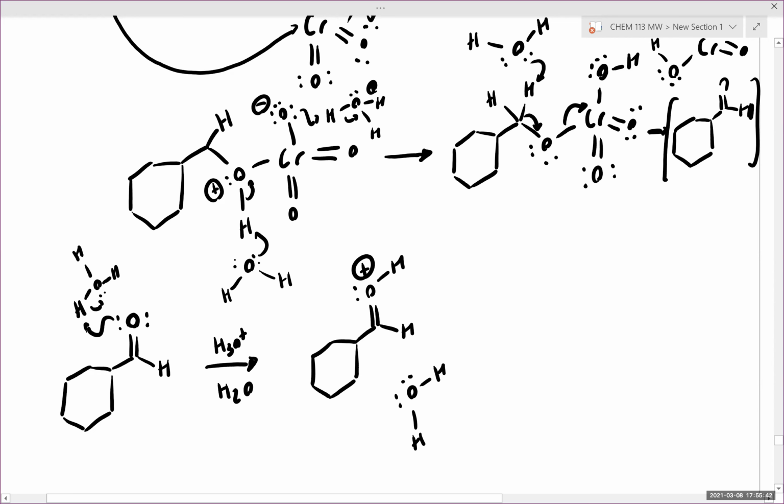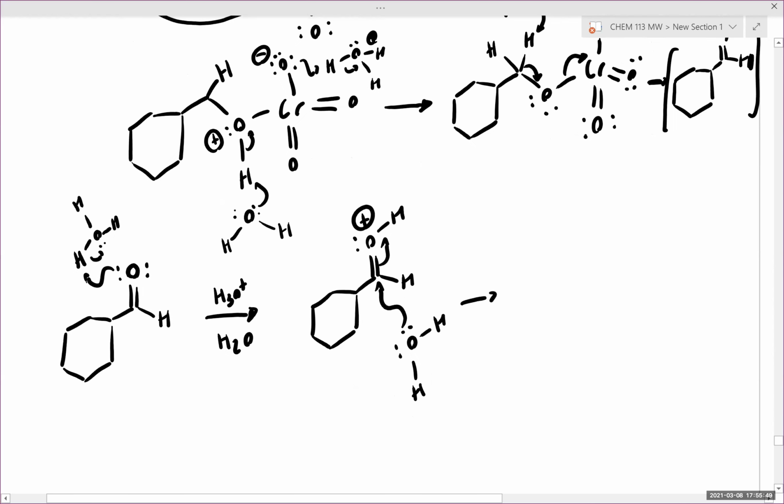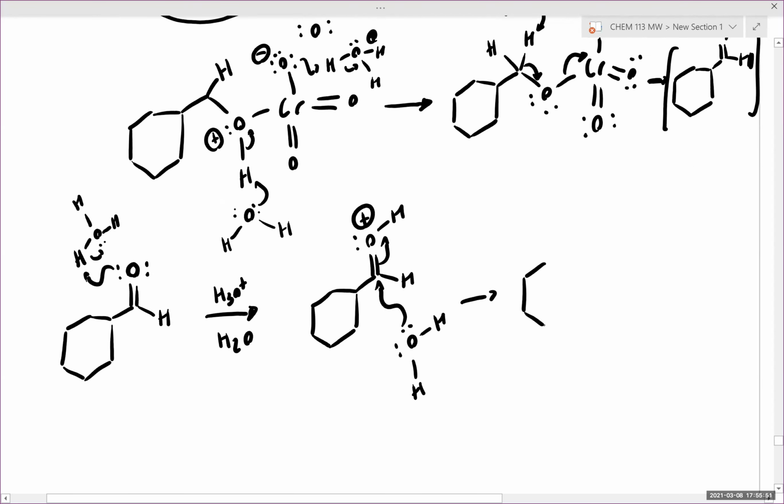So to help everyone out for this key step, our nucleophilic solvent, which is water, is going to attack our electrophilic aldehyde. From there, that in turn gives us an alcohol equivalent. And then just for one more cleanup step, we're going to pull off our proton.